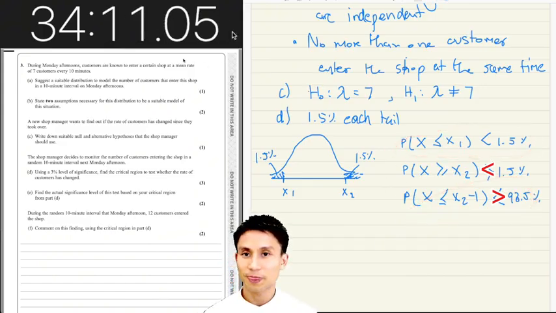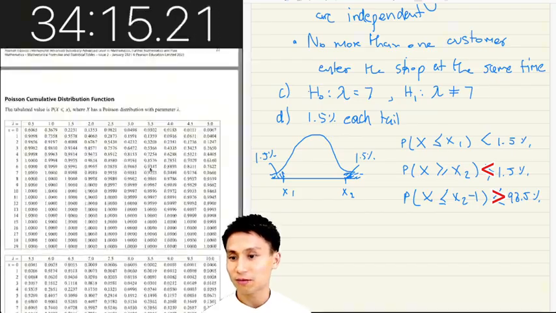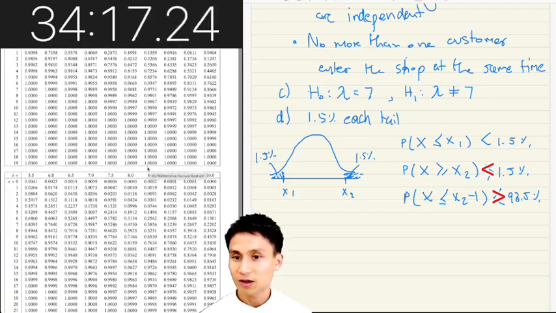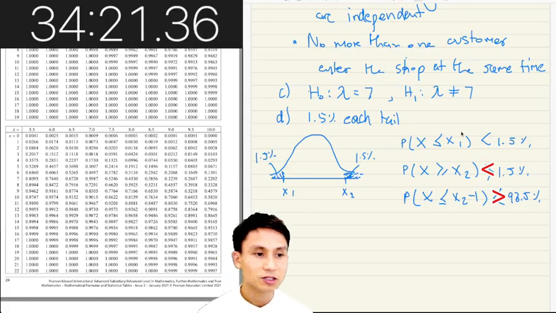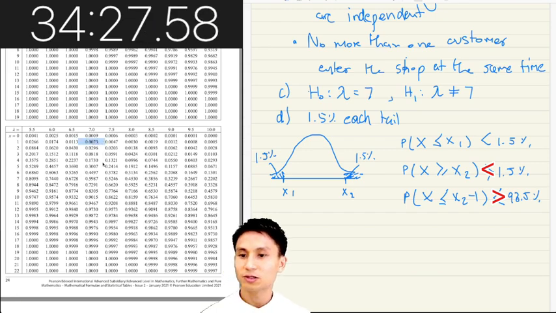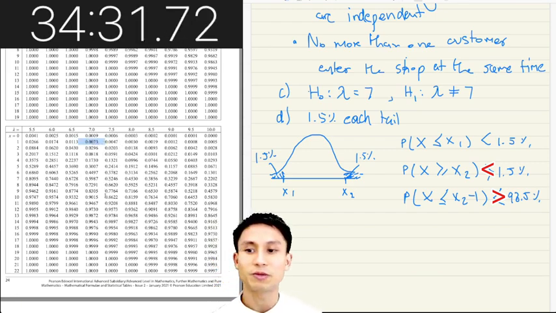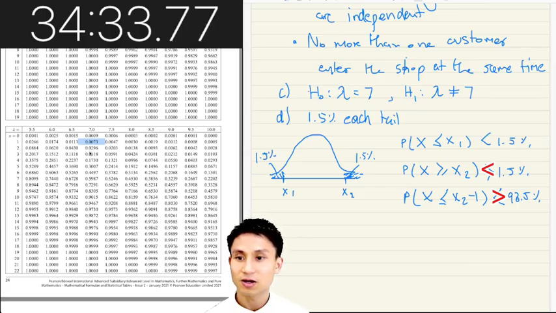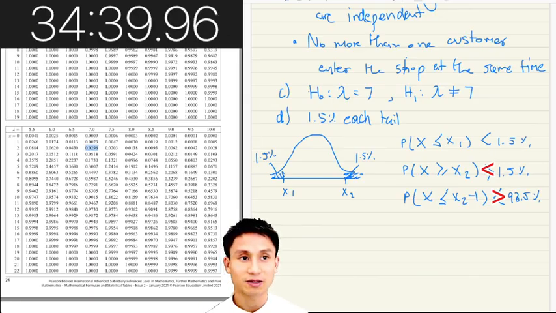So this is lambda being 7. I'm just going to go to the Poisson table, lambda being 7, and search for the value. 0.0073, if you multiply that by 100, is 0.7%. If you go a little bit above, it's going to be over 1.5% already on the left end, right?